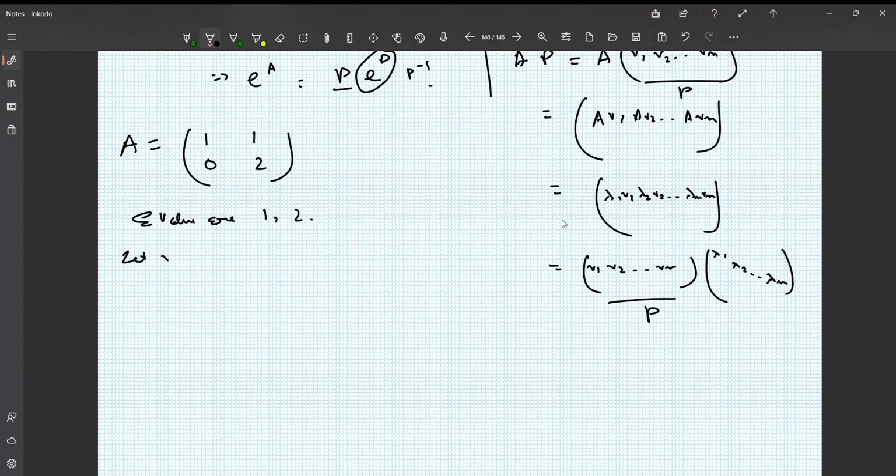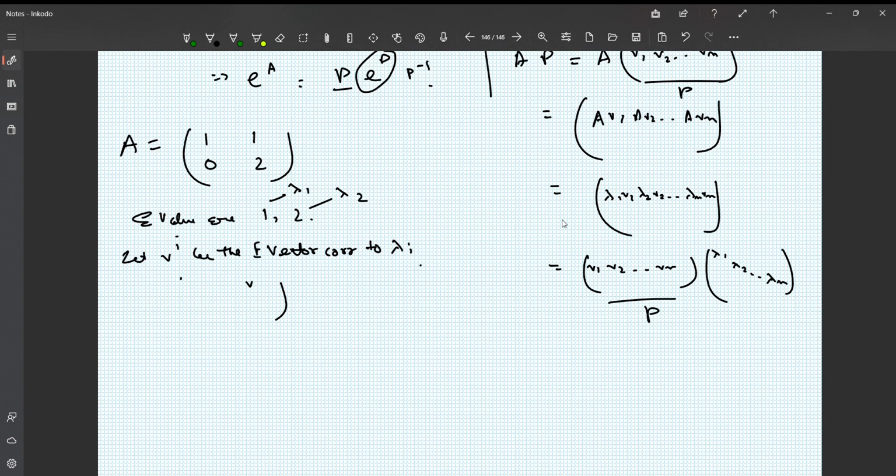So let this be lambda 1, let this be lambda 2. Let v_i be the eigenvector corresponding to lambda_i.